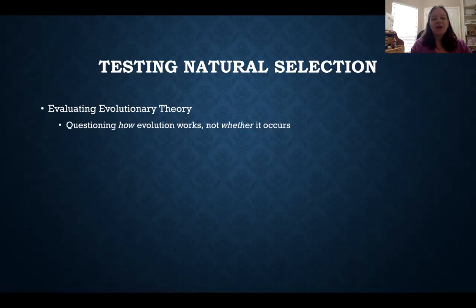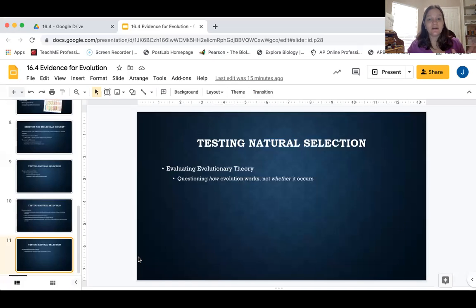But in general, most of science, when they're evaluating evolution, is looking at how it works, not whether it happens. Most of science will agree that evolution is a real thing. Again, microevolution, totally a thing. Macroevolution, not so much. So that is the end of this lesson.